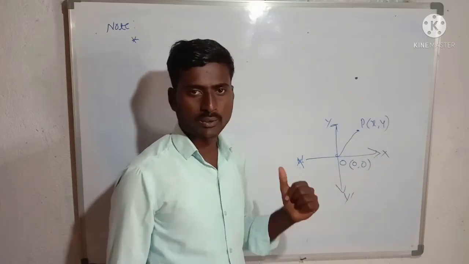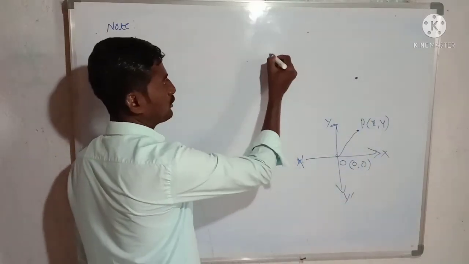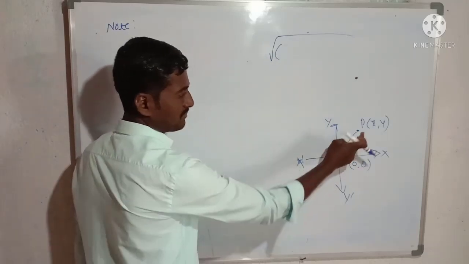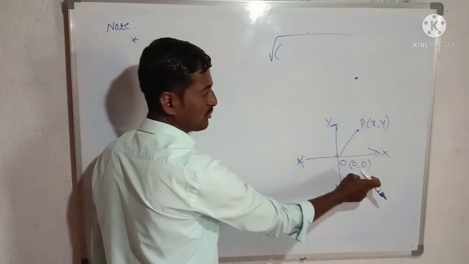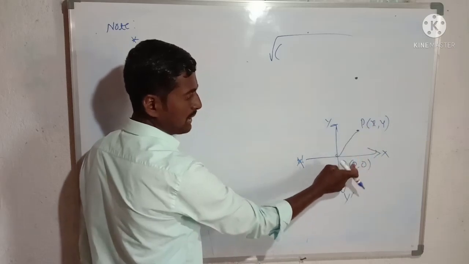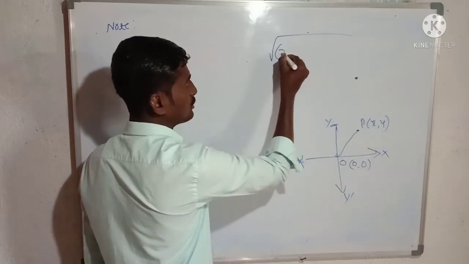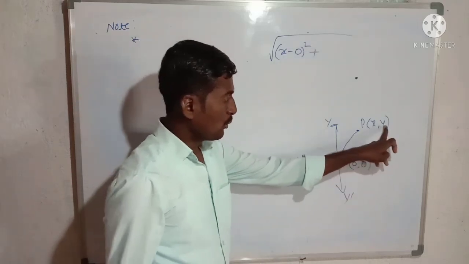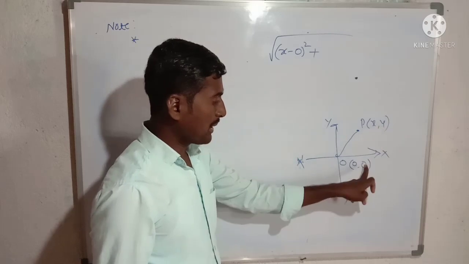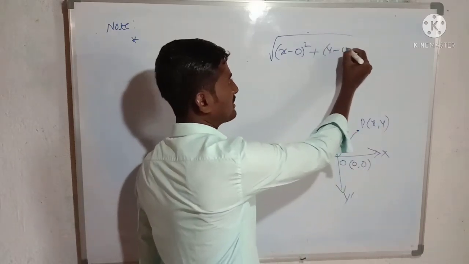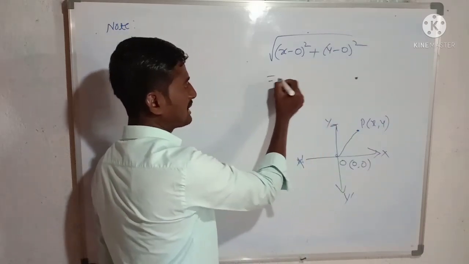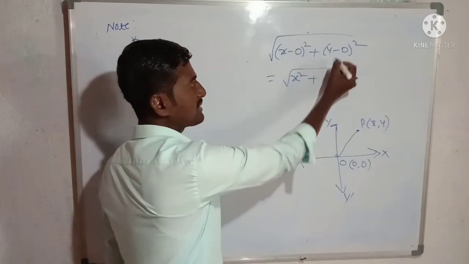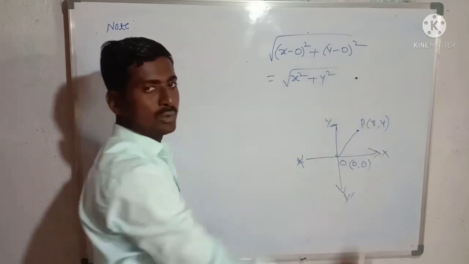So x2 minus x1 is x minus 0 whole square, plus y2 minus y1 is y minus 0 whole square. This is the square root of x square plus y square.